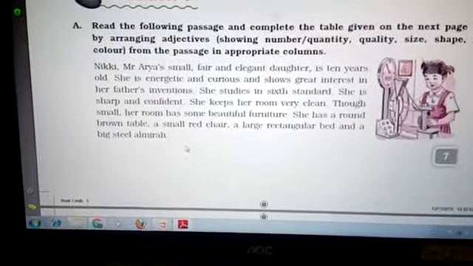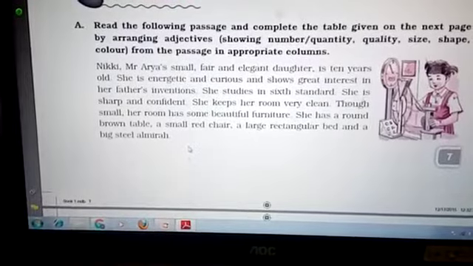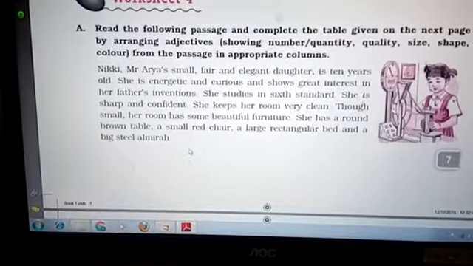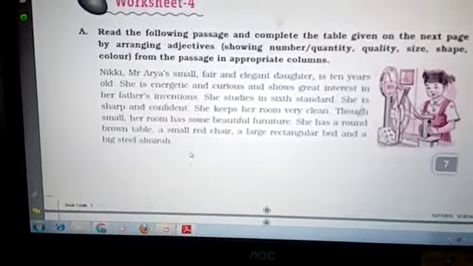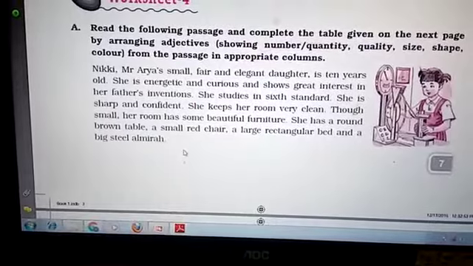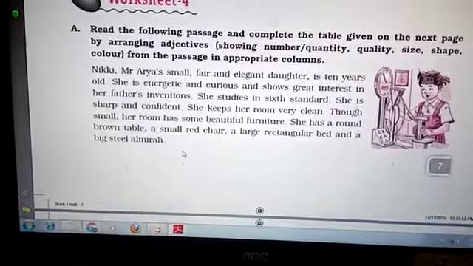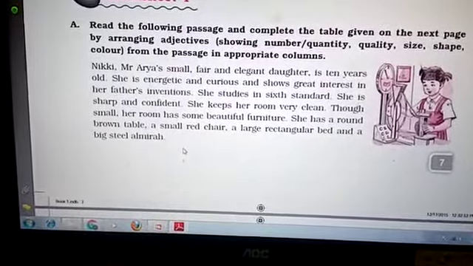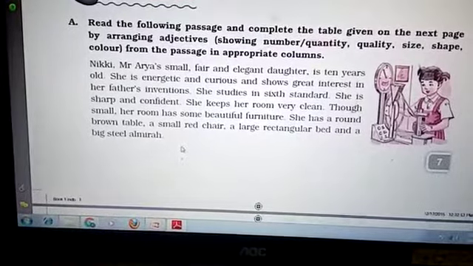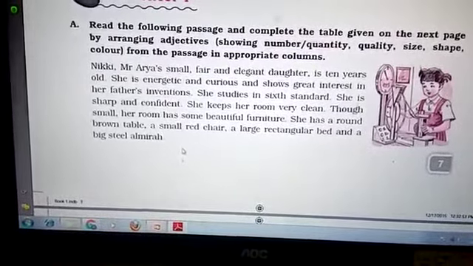Here, Nikki, Mr. Arya's small, fair and elegant daughter, is 10 years old. She is energetic and curious and shows great interest in her father's invention. A small, fair and elegant daughter.